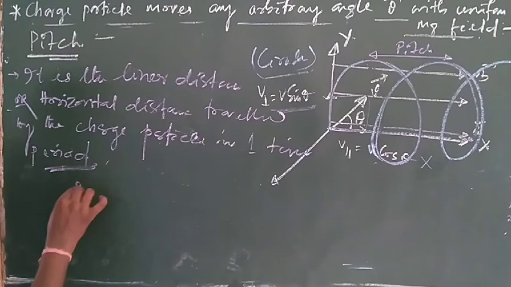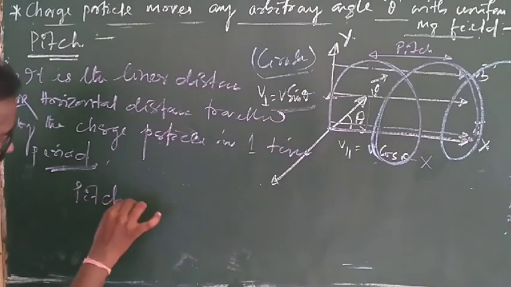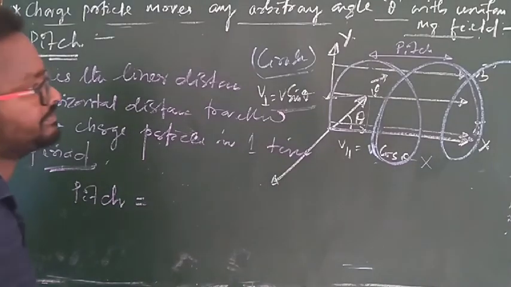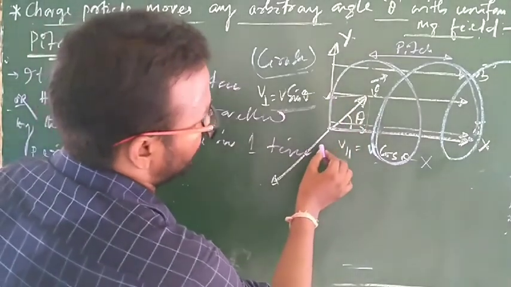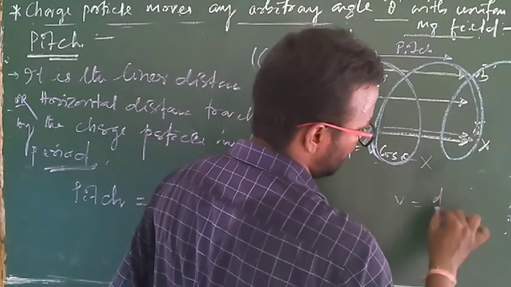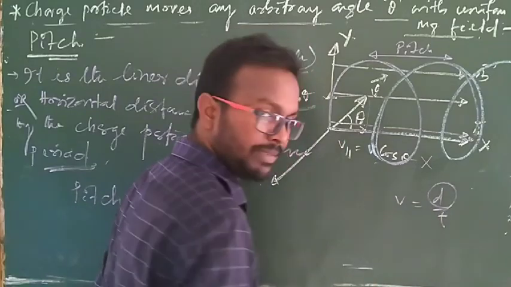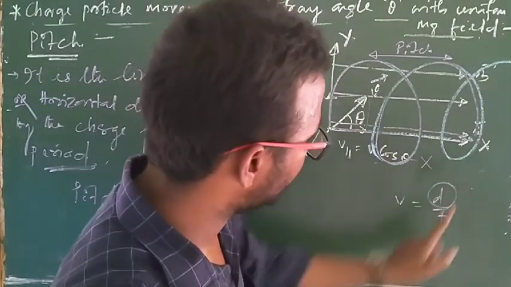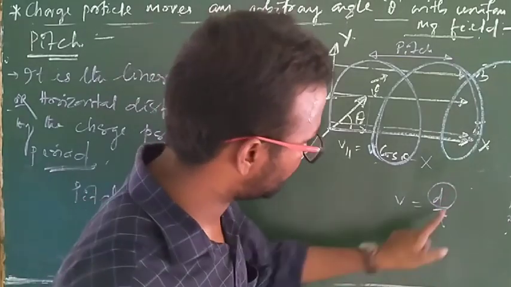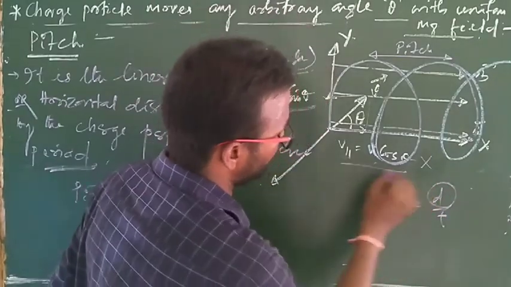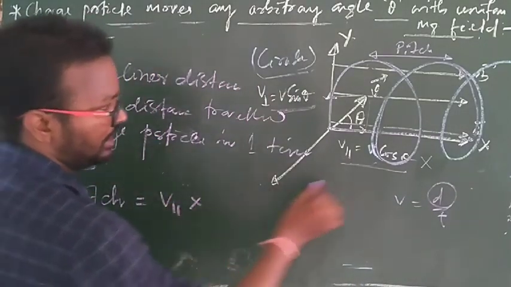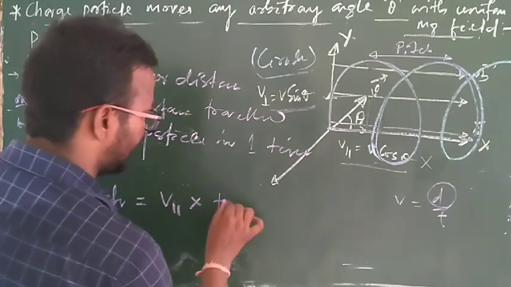Velocity equals distance by time, and this distance is the pitch. Pitch means the linear distance traveled by the particle for one revolution, for one time period. So distance equals velocity into time, but here the velocity is the parallel velocity. So that is v parallel into total time t.